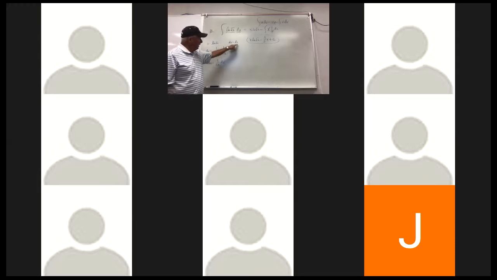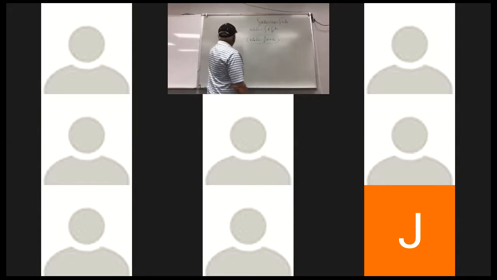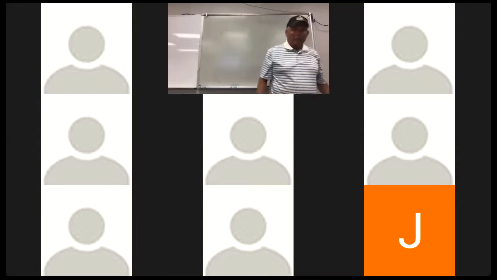The antiderivative of dv is v, the antiderivative of dx is x. The answer is u times v minus the antiderivative of v times du. So when you multiply these together, you just get 1/2. And the antiderivative of 1/2 in terms of x is 1/2 x. So that was number 10.